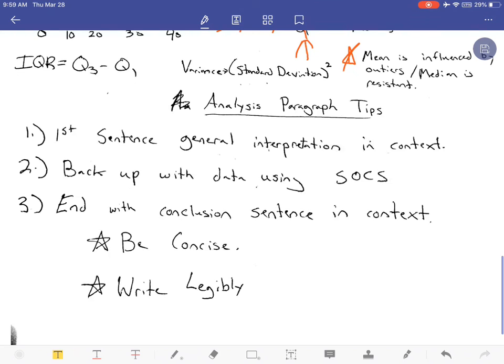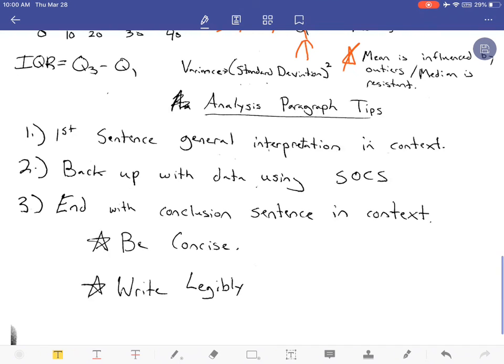And that's pretty much what you want to include in your paragraph. So again, you want to be concise and also write legibly so it's easy to read. Especially being able to write and analyze this is something that's super important. It's going to be a really useful tool in college and when you get into the workplace because, like I said, a lot of people do not know how to understand graphs.